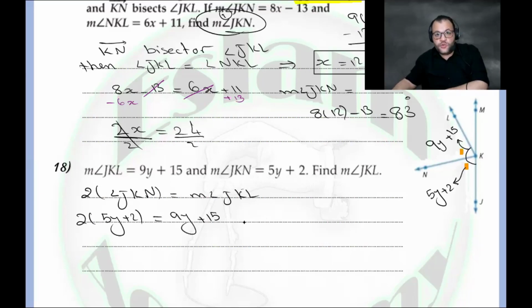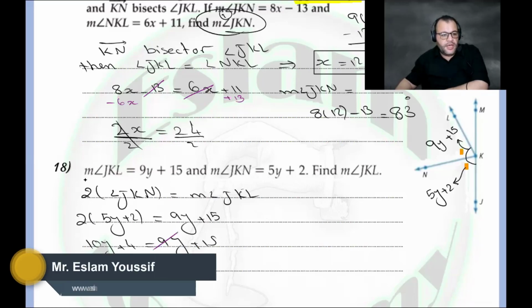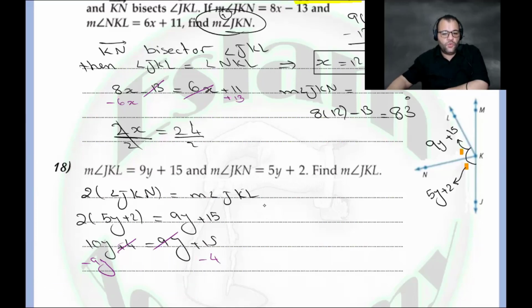What you say about dividing by 2 is right, not wrong. But which one is easy to solve? So 10y plus 4 is equal to 9y plus 15. By subtracting 9y and subtracting 4, we can say that 10y minus 9y equals 11. So y equals 11.